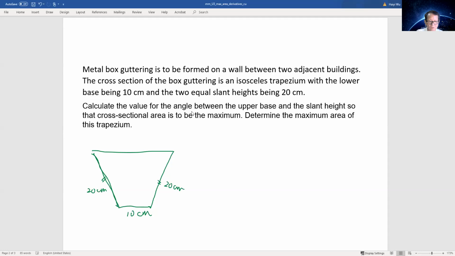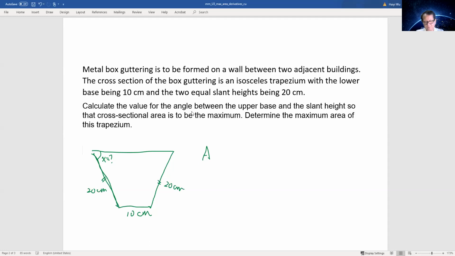We want to call the area of the trapezium A, and we need to find the angle between the upper base and the slant height. We call it X, how big this angle is so that the area of the trapezium is the maximum.